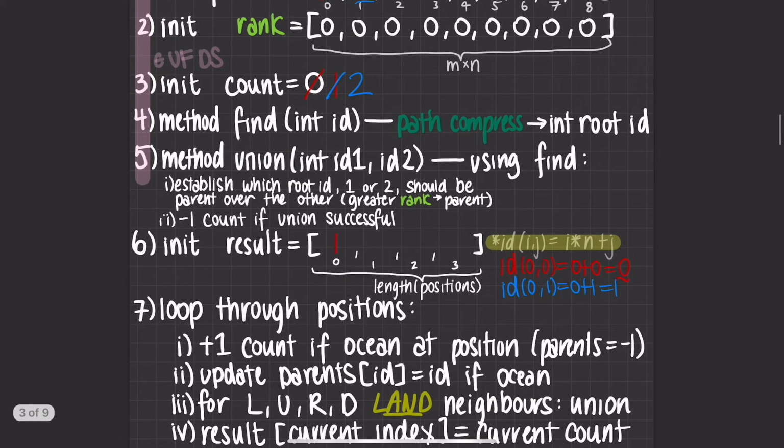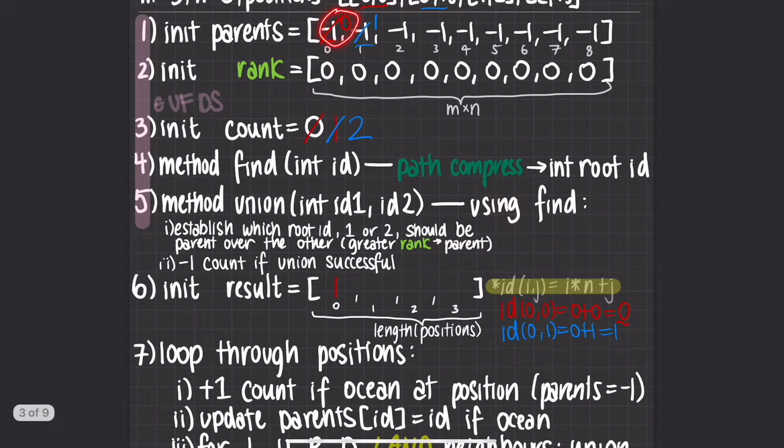What union does is, using find, it finds the root ID of the two, and that's very easy because we reach 0 and 1 right away, since they are their own roots. Then we use the rank to establish which should be the parent over the other. Since for 0 and 1 they're both of equal rank, 0, that makes sense, because both of them are root nodes to their own respective islands as of right now.